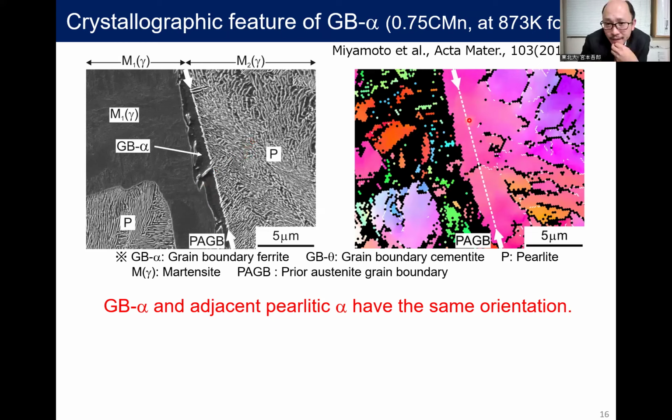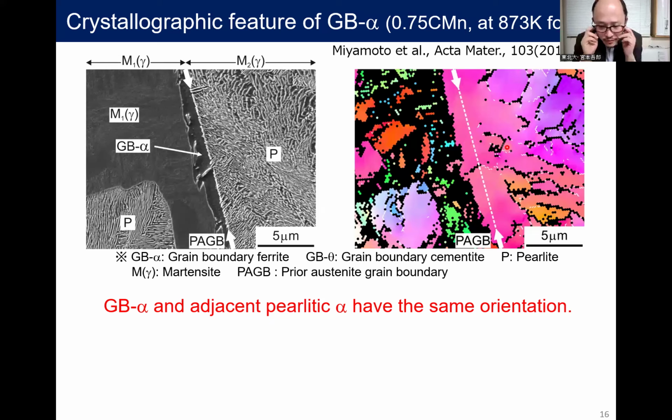As you see, this grain boundary ferrite has exactly the same orientation as the pearlitic ferrite. So first, the ferrite is nucleated at the austenite grain boundary. And this ferrite grows as grain boundary ferrite to the left side, but the same ferrite grain transforms into pearlite to the right-hand side.